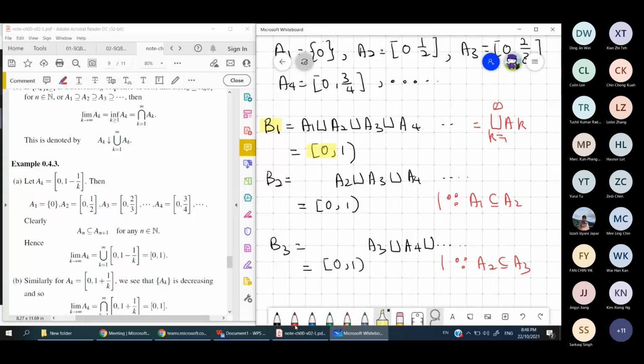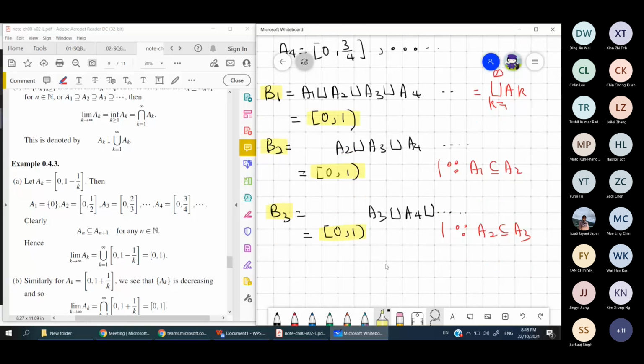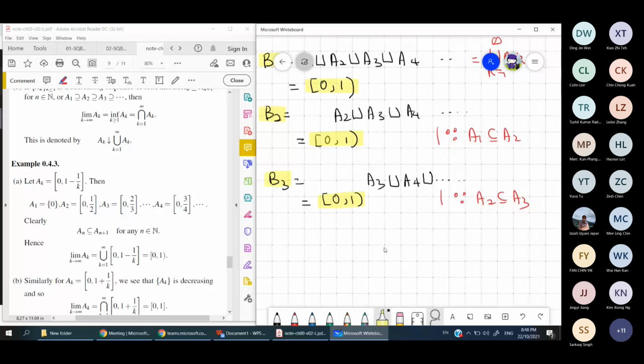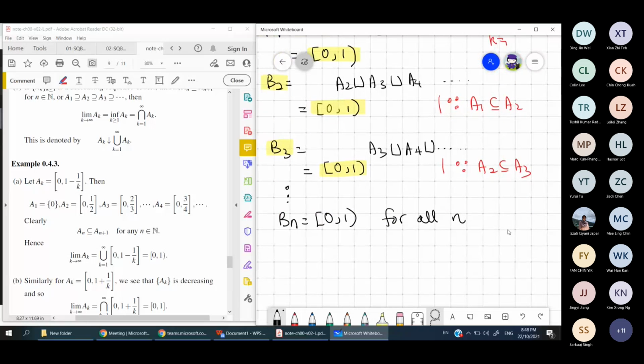B1 is equal to this, B2 equals this, B3 equals this. So they are all identical. That means if you go on, you can see Bn will be equal to this for all n. So if you follow the formula, then we can straight away calculate the limit supremum.